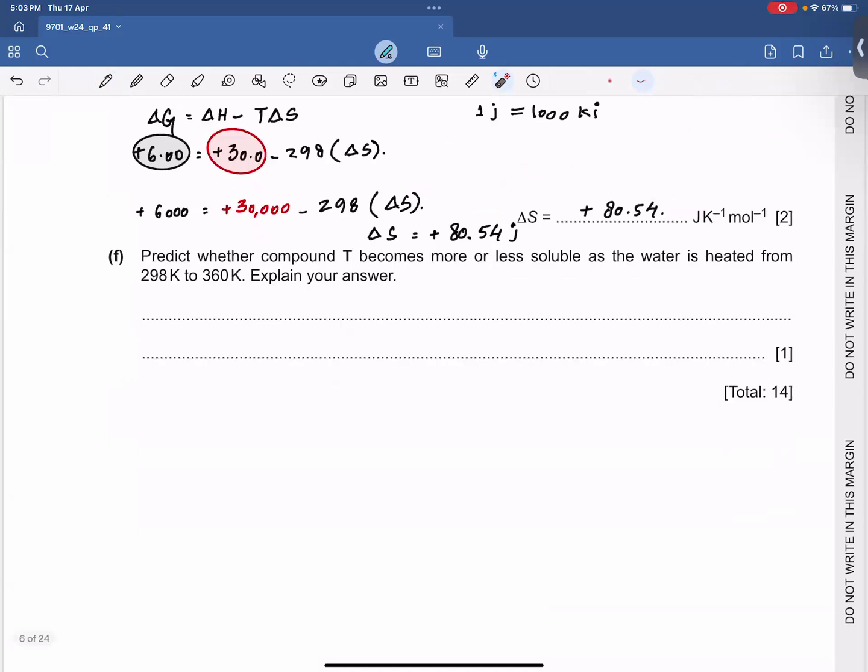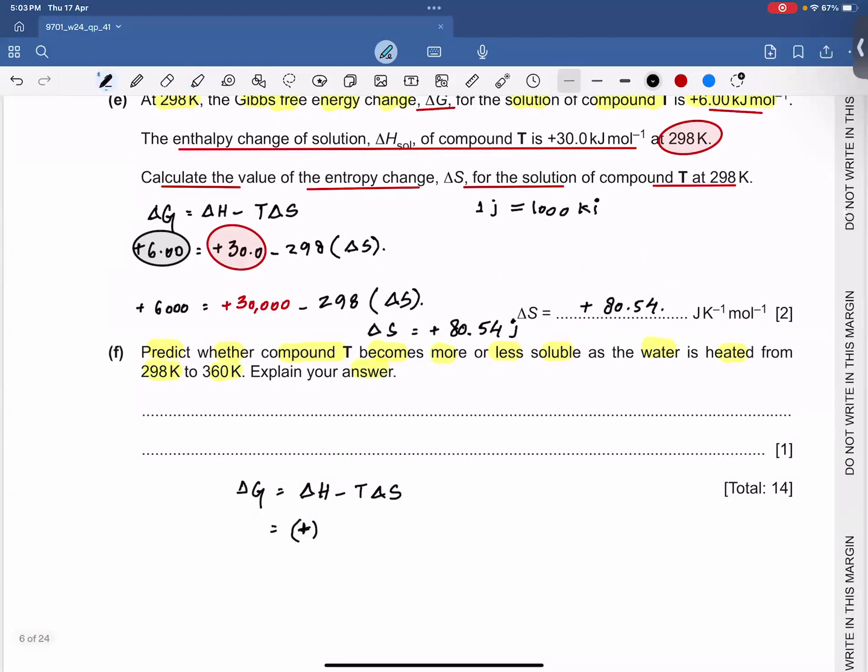All right. Predict whether compound T becomes more or less soluble as the water is heated from 298 Kelvin to 360 Kelvin. Explain your answer. Delta G equals delta H minus T delta S. Delta H is basically positive. The examiner is giving you this value. It is positive, right? And delta S is also positive.